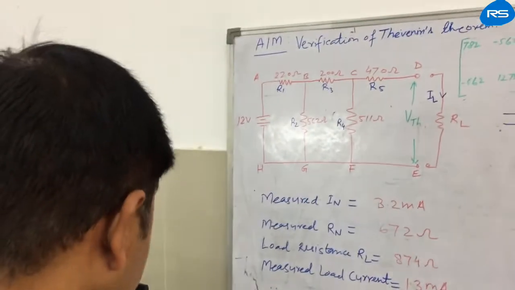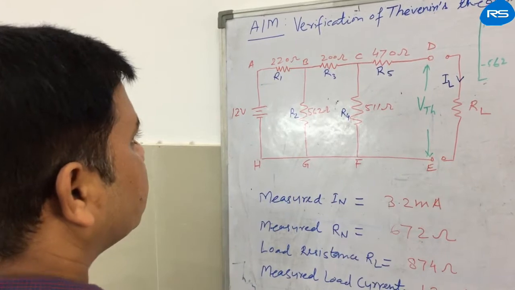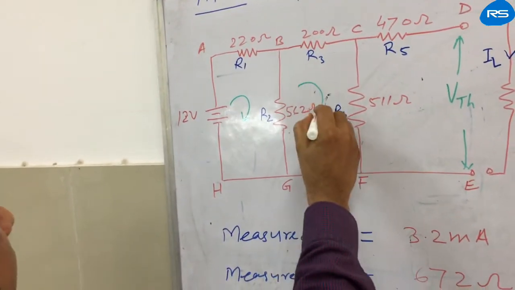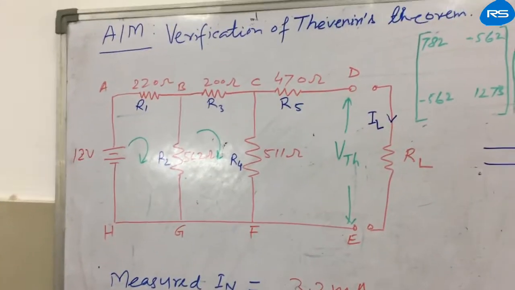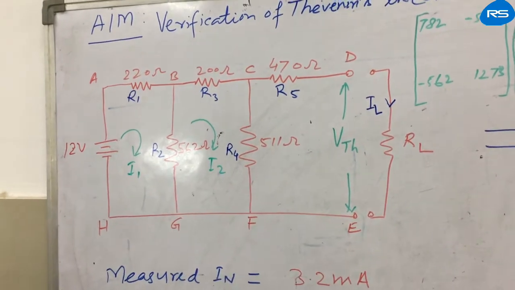So in order to calculate V Thevenin, we identified that there are two meshes through which I1 and I2 currents are flowing.